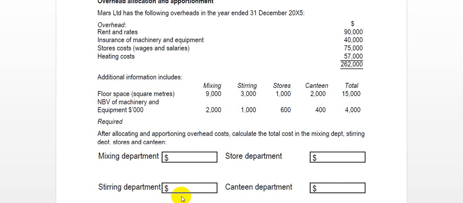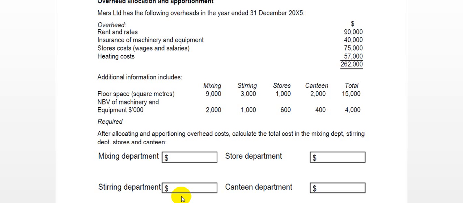So you have that question in front of you. Mass Limited has the following overheads in the year ended 31st December 20X5. You are required, after allocating and apportioning overhead costs, to calculate the total costs in the mixing department, stirring department, stores and canteen department.